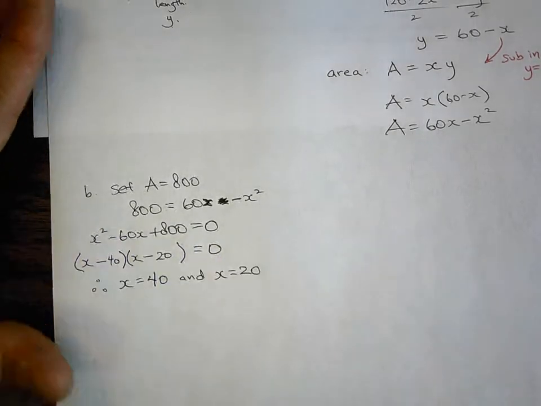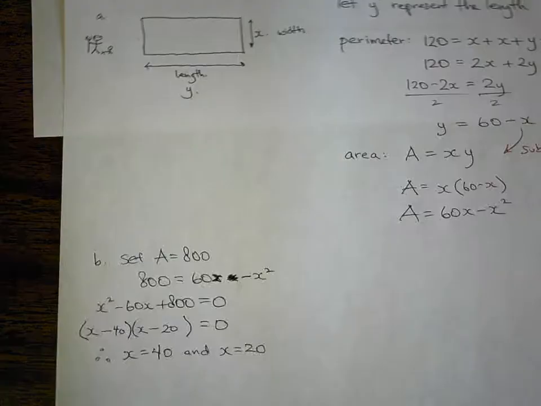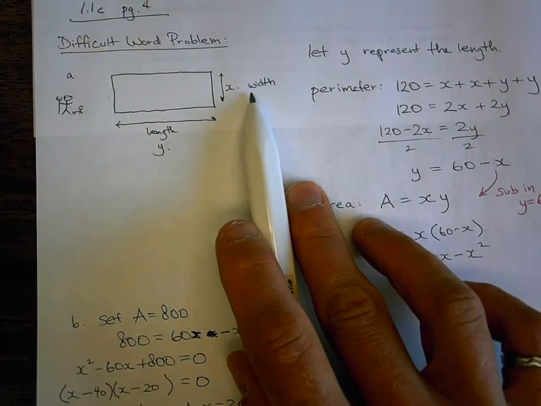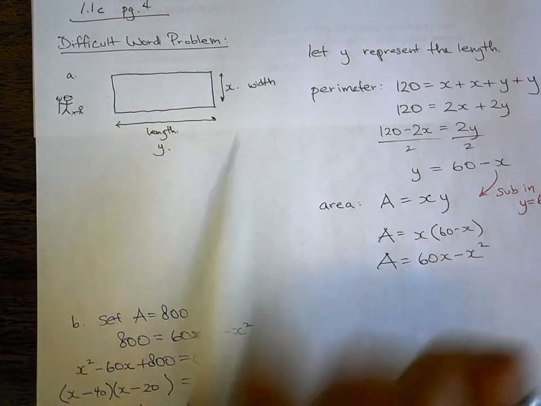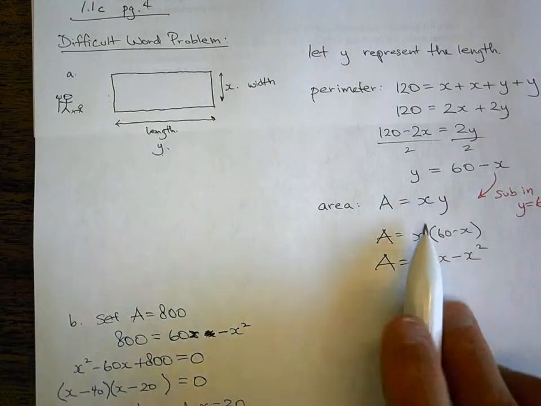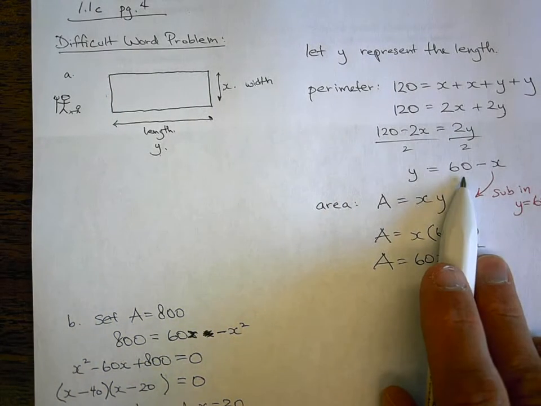What does that mean? That means for this area to be 800, I have to have a width of 40, x is equal to 40, or a width of 20. The corresponding length is, I have to subtract from 60.